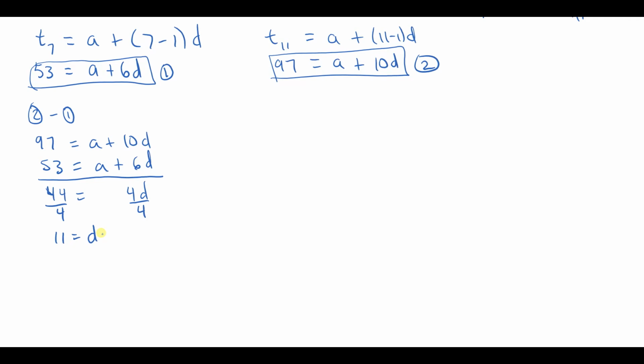Am I all done? Not quite. I still don't know a, but I can sub d into one of my equations and find a. So this is my third equation. I'm going to sub 3 into 1. Numbers are a little smaller in 1. It'll be a bit less work.